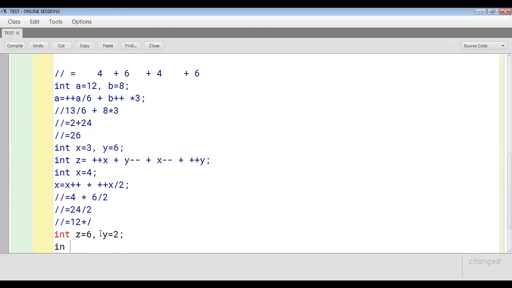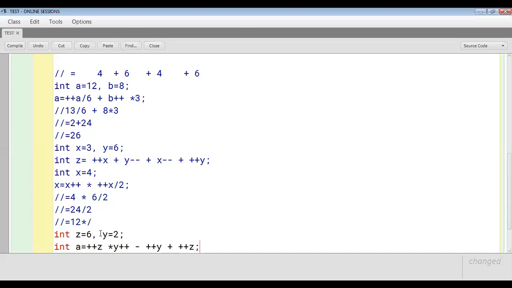Now integer a is equal to plus plus z into y plus plus minus plus plus y into plus plus z.